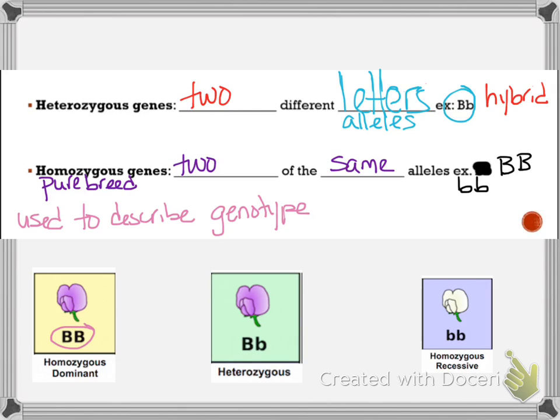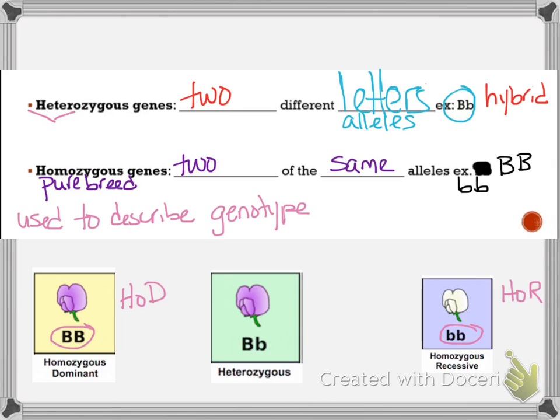The letters are capital B is homozygous dominant, because we know dominant is capital letters, and we know homozygous back from when we did our word study that homo is same. We would write it as HOD if we wanted to abbreviate, but that means homozygous dominant. On the far right, we have homozygous recessive because the letters are lowercase, and we know from the slide previous that lowercase letters are recessive.